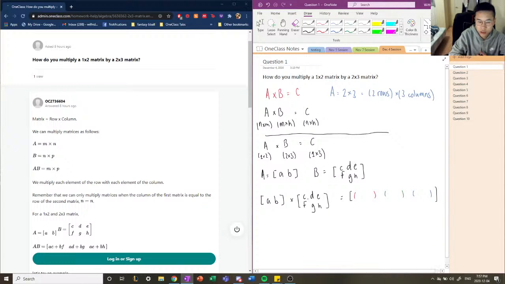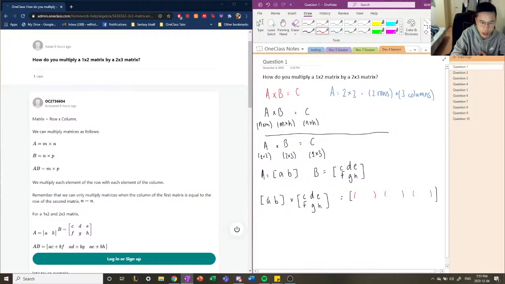Alright, so how we matrix multiply is, the first value is going to be the sum of the products of the first row and the first column.